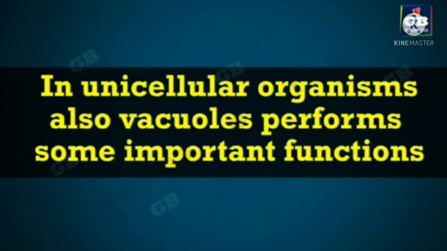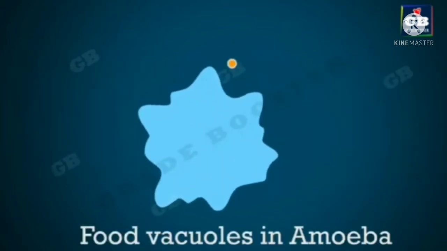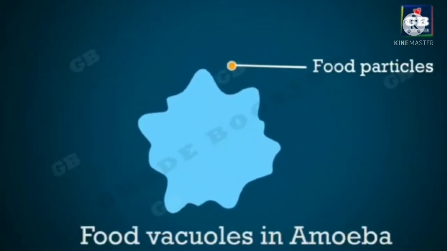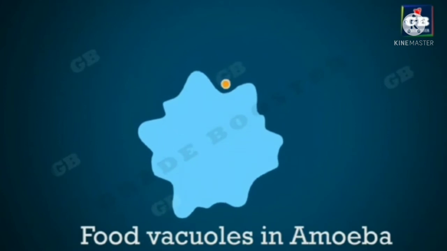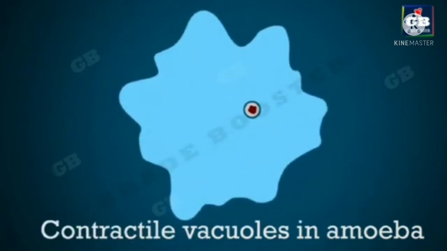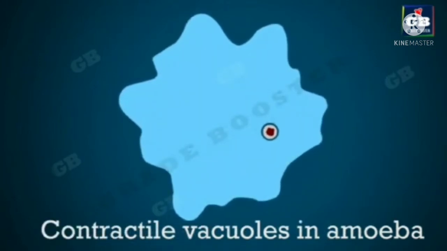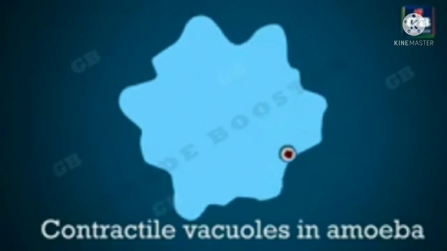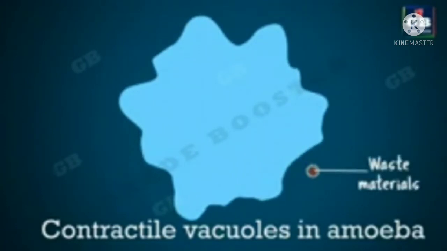In unicellular organisms, vacuoles also perform some important functions. In organisms like amoeba, the food enters the food vacuoles where it is digested and absorbed. In the same way, contractile vacuoles are formed to collect and excrete the excess water and waste material.